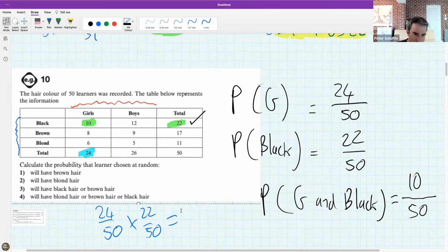You are going to compare it to probability of girls and black. Okay. And I think the easiest way to do that is to put it into a decimal, right? Otherwise it's hard to compare when it's like this. So what do you get for 24 over 50 times 22 over 50?